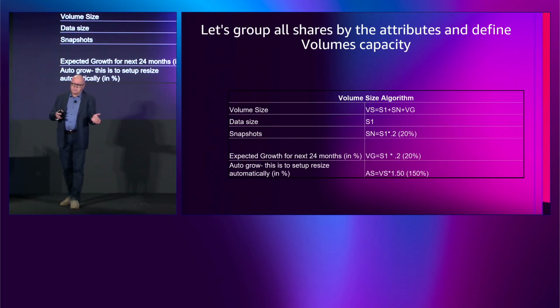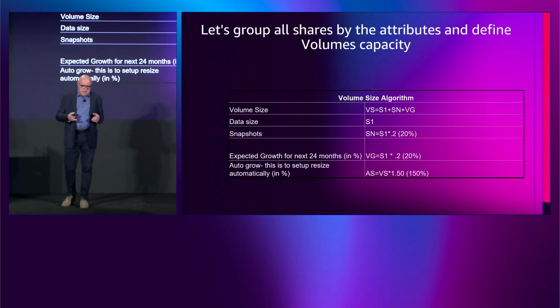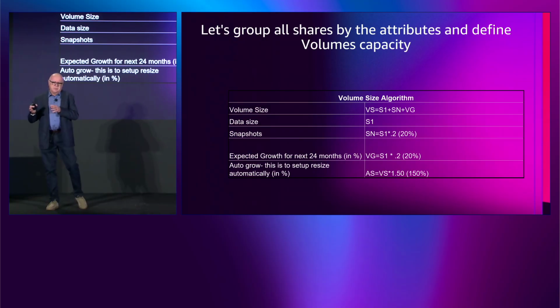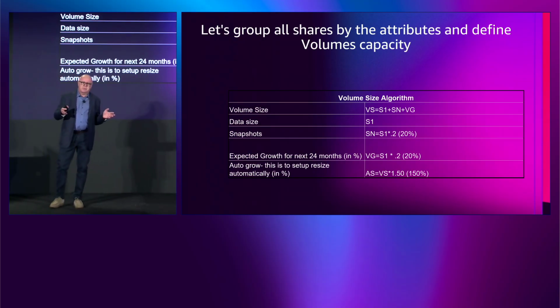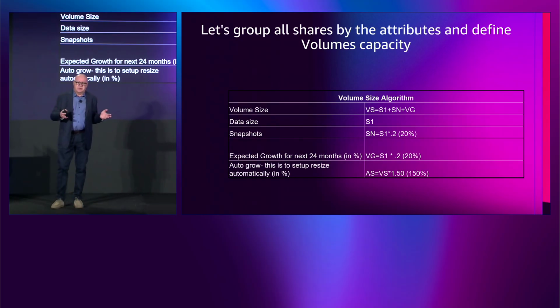In my example, I like to reserve 20% of the capacity for snapshots. And let's say we're expecting growth of around 20% per year. For the auto growth, because we can set up auto growth per volume, we estimated that we should not expect growth over 150%.